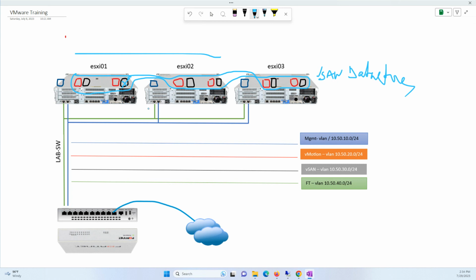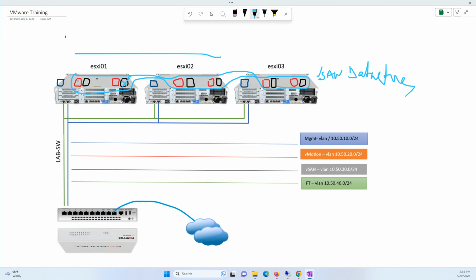Okay, so we will create vSAN. Don't forget, basically for vSAN you need a disk group. You need to have a cache tier disk, and you will have to have a capacity tier. The cache disk generally is very small, 10 or 12%.